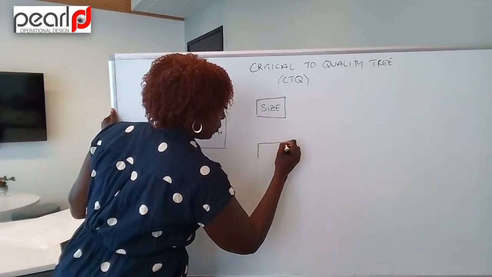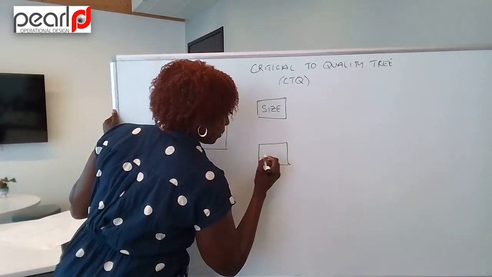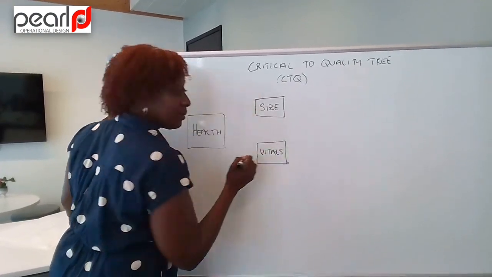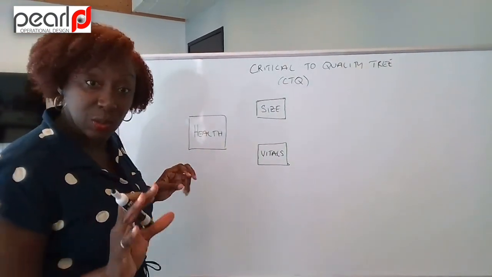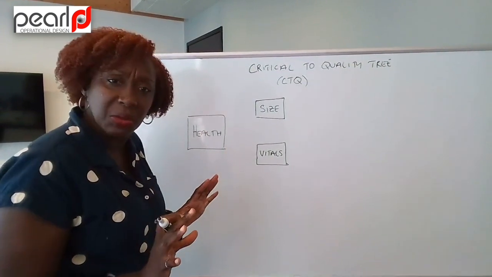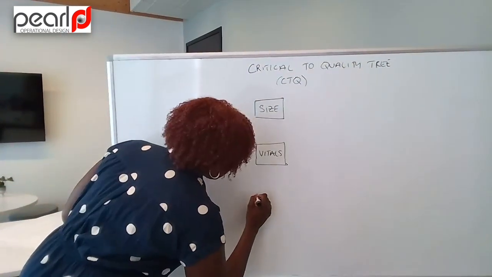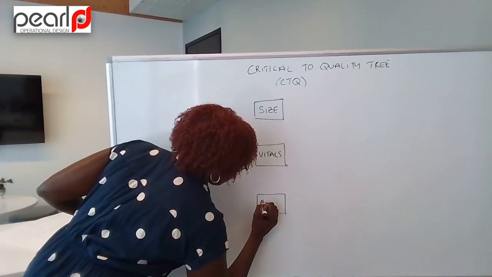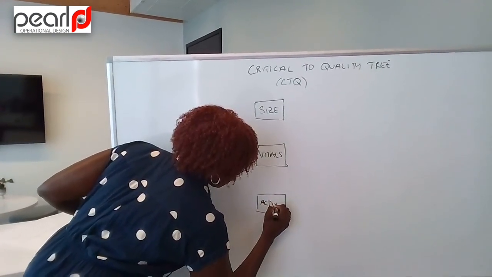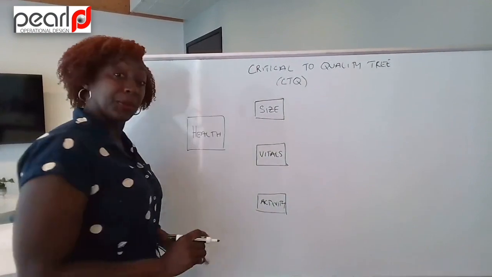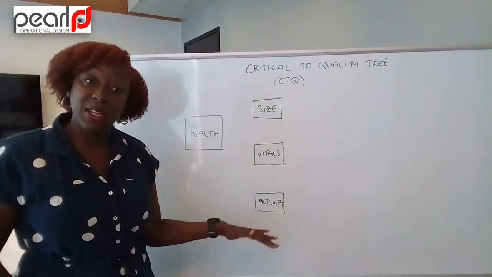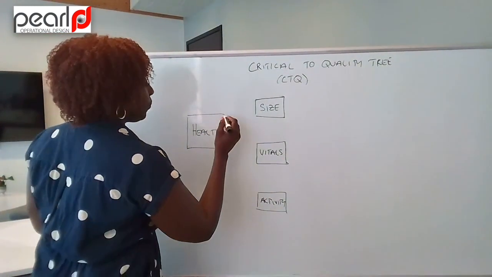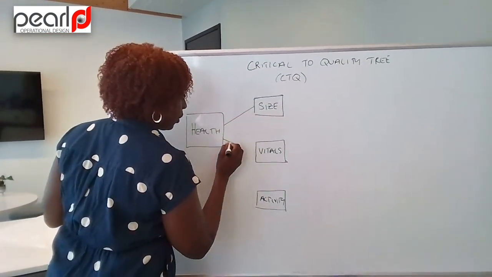We talked about your vitals. Those doctors watching this, please, I'm using the wrong term, but we know what I mean, right? And we have activity. Now, you can have many drivers, but let's choose these. So, all of these are drivers.